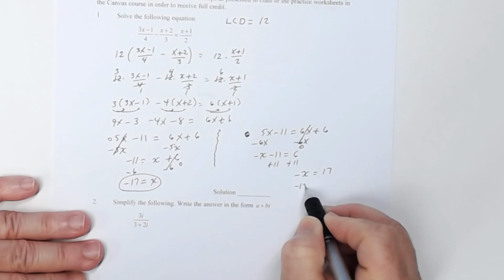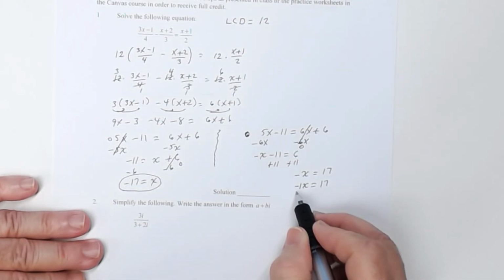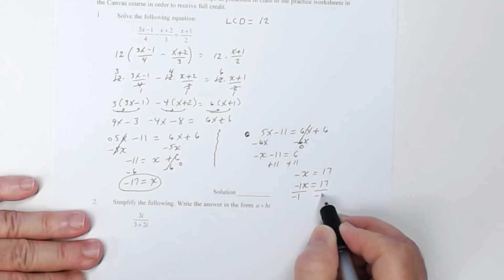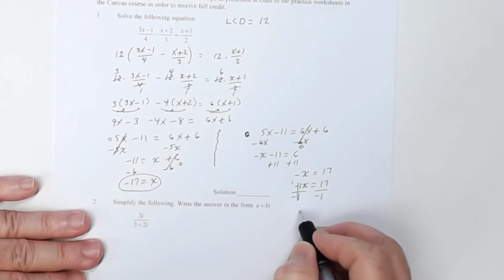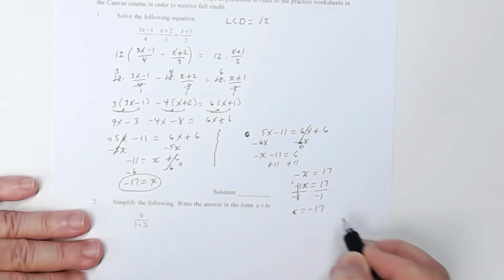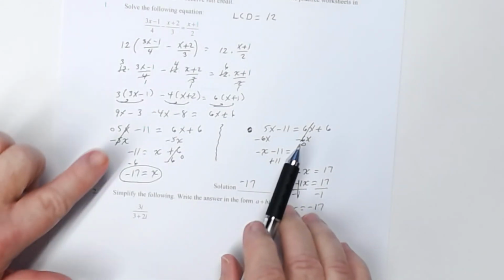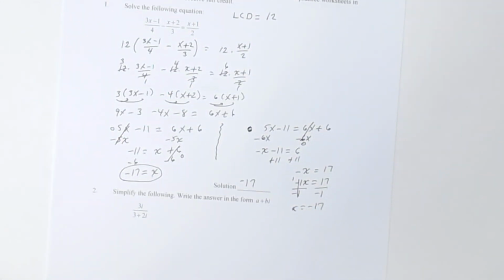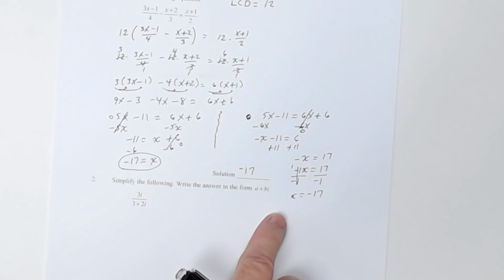So let's say negative 1x equals 17. And then to get x by itself, you can divide both sides by negative 1, just like this. And negative 1 divided by negative 1 is 1. That's what you wanted there. 1 times x is x. And you get x to be negative 17. All right? So just be careful which approach you take on that one. That's the one that causes a little bit of anguish for some students.